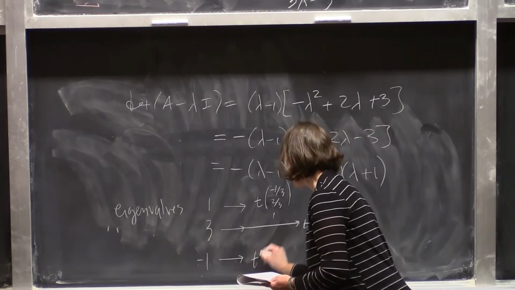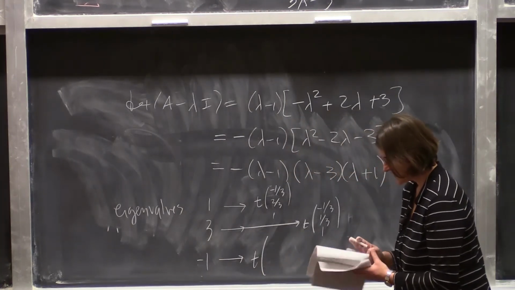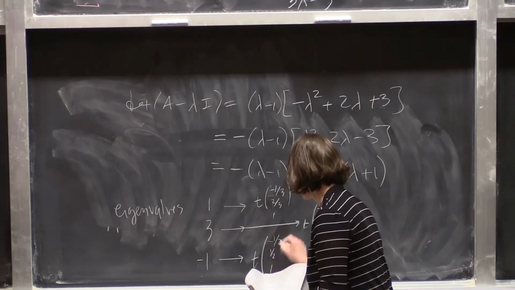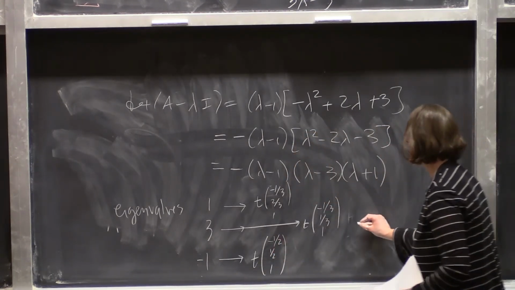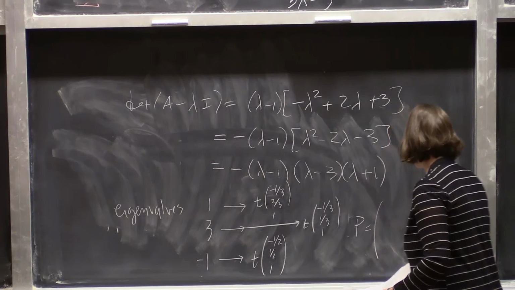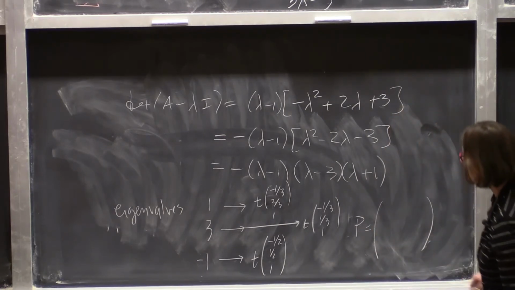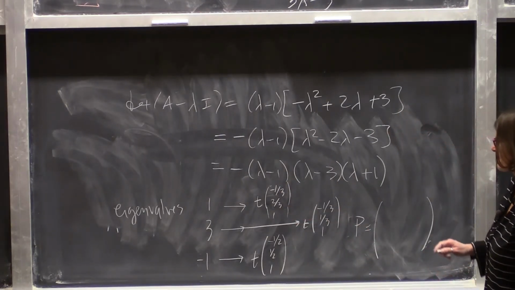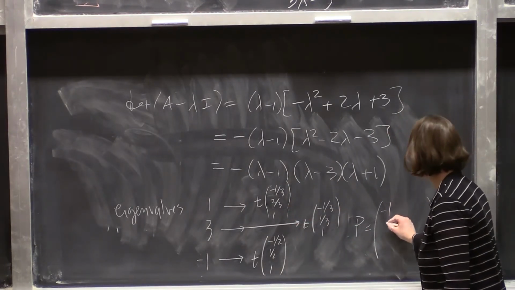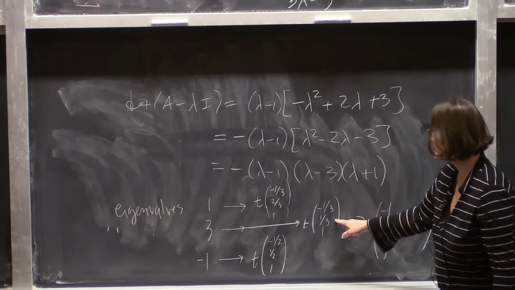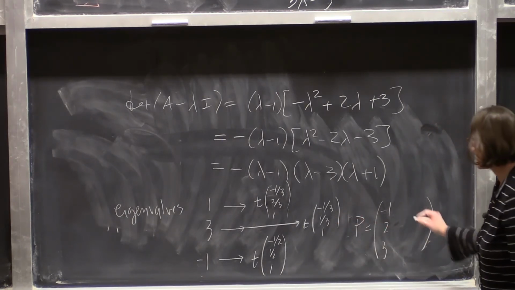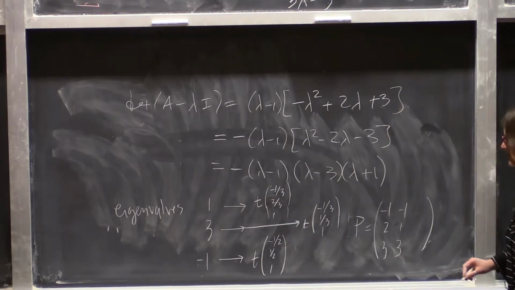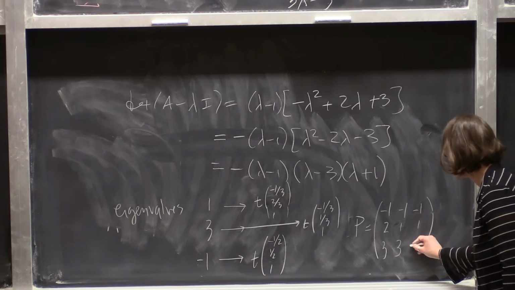And for this one, I get anything of the form t times minus 1/2, 1/2, 1. If I wanted a pretty matrix, what would be a pretty choice of t? 3. Minus 1, 2, 3. Pretty choice of t? 3. Minus 1, 1, 3. Pretty choice of t? 2. Minus 1, 1, 2.